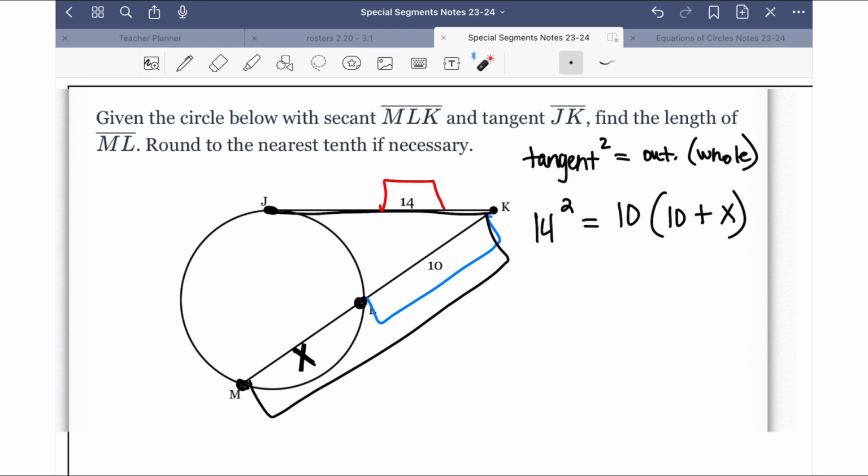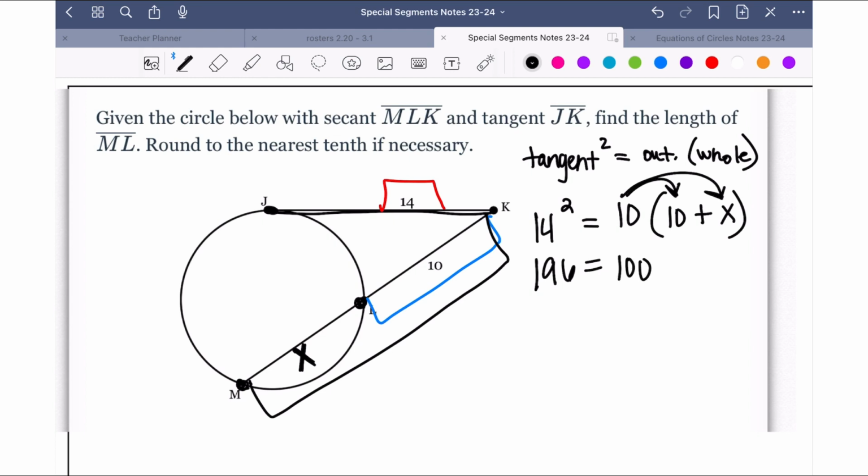Okay, again, the outside times the whole segment. Outside times the whole. All right, 14 squared. 14 times 14, 196. Okay, distribute the 10 to both terms. 10 times 10 is 100. 10 times x is 10x positive. Okay. All right, remember, I don't want to touch the 196. I want to get rid of this.